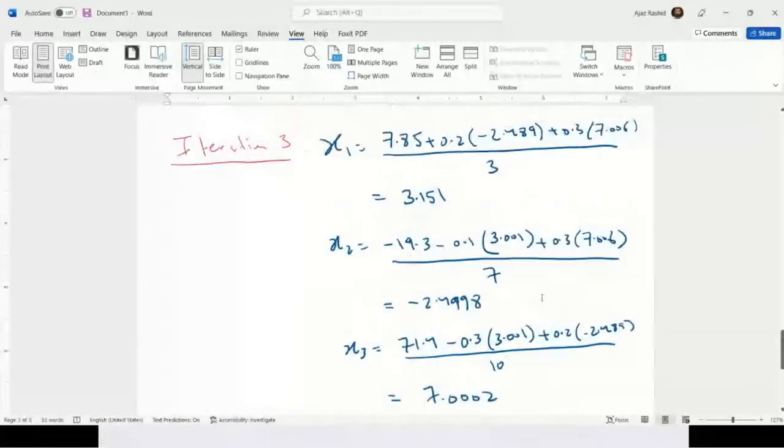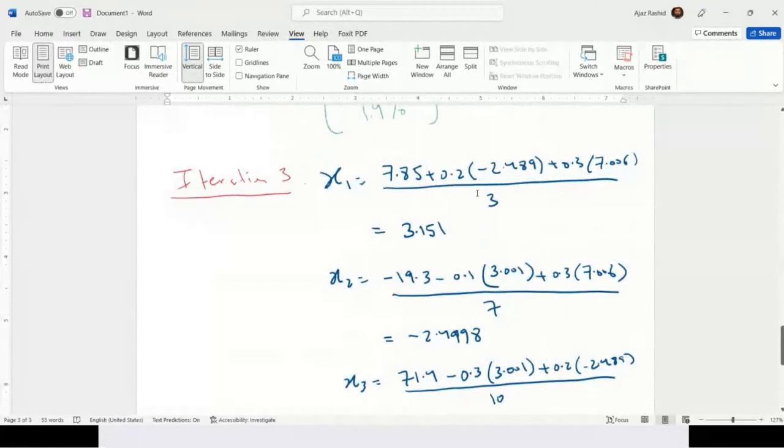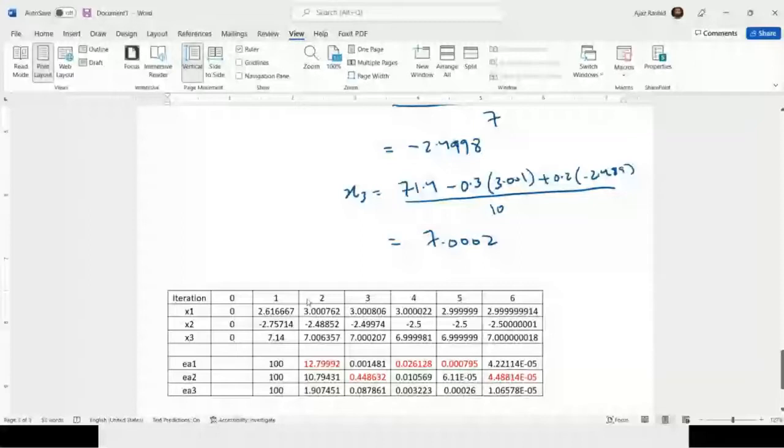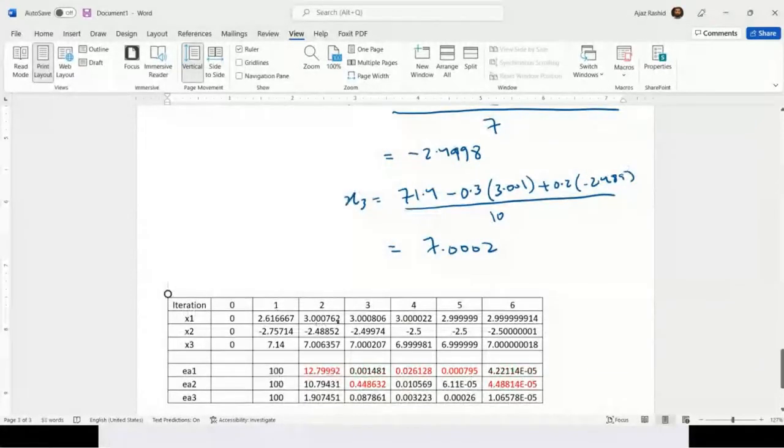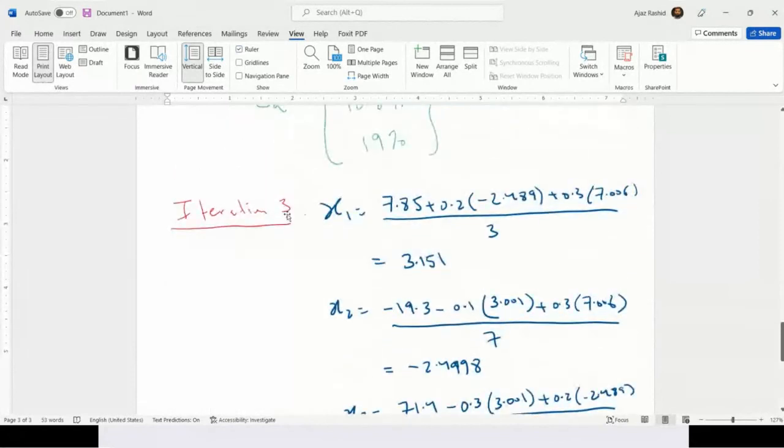So those are the values. I think there's a mistake in this equation. Let us change it by the value that we have. Sure, the Excel has done better calculation. So it is 3.0008.